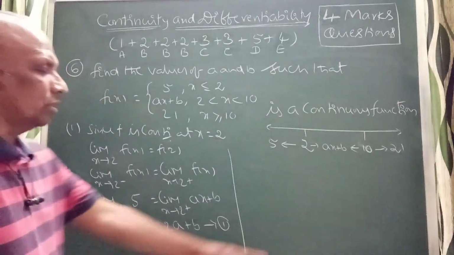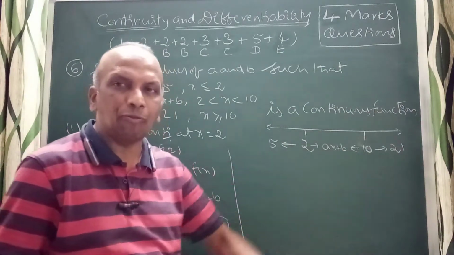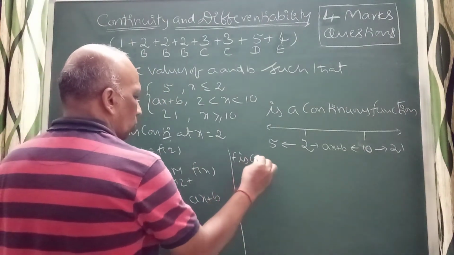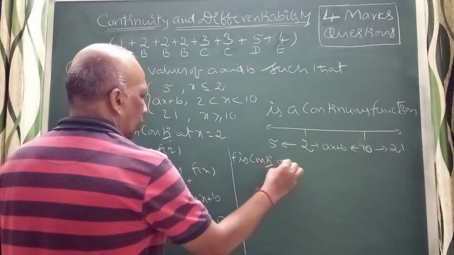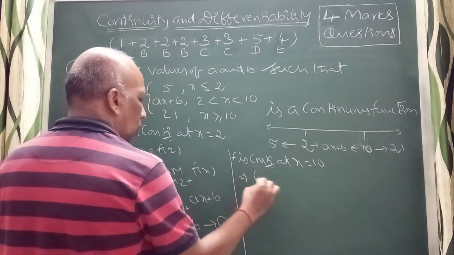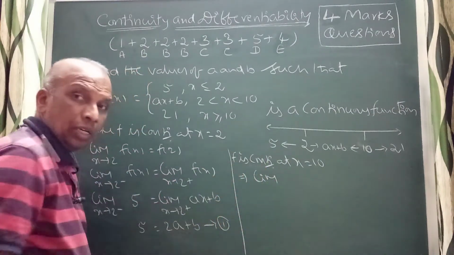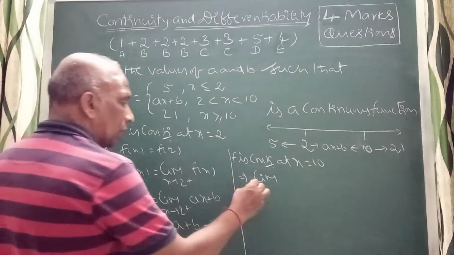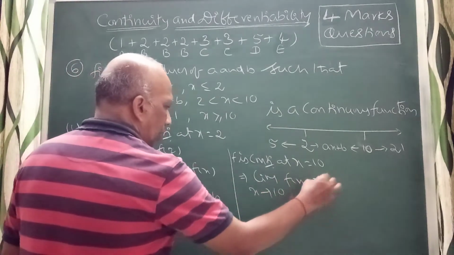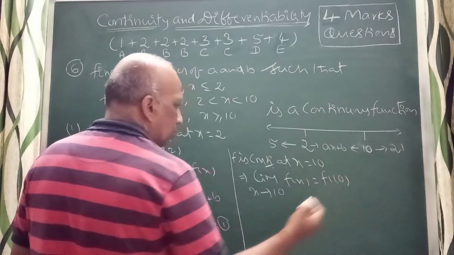Again, the function they're talking about at 10, left of 10, right of 10. f is continuous at x equal to 10. So limit x tends to 10 f of x is equal to f of 10.